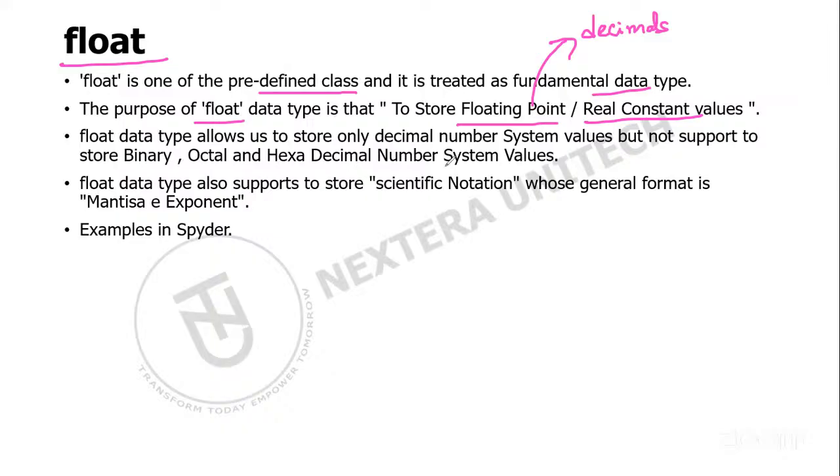As discussed, only the int data type helps us store binary, octal or even hexadecimal number values, but float does not support storing these different number systems. Let us talk about a few examples with respect to float.